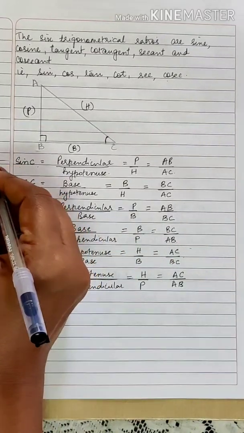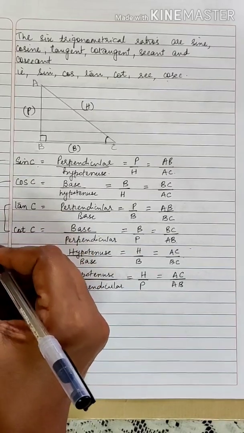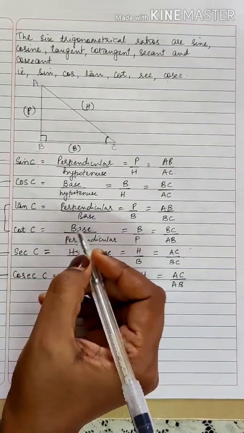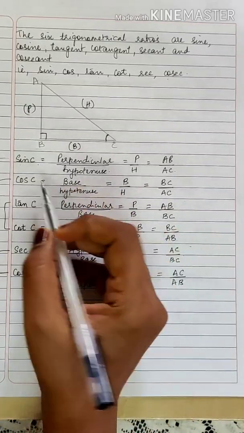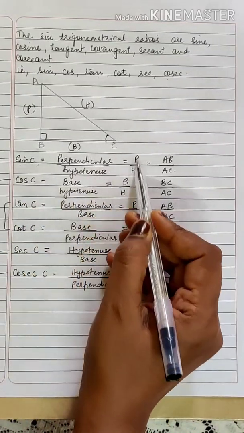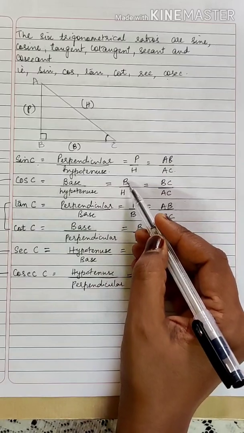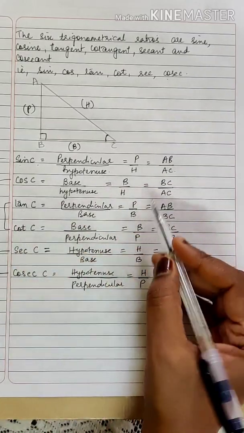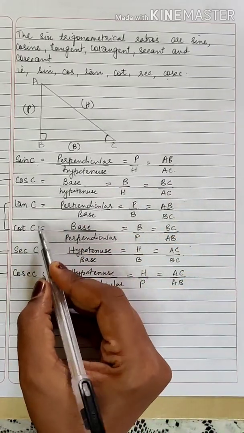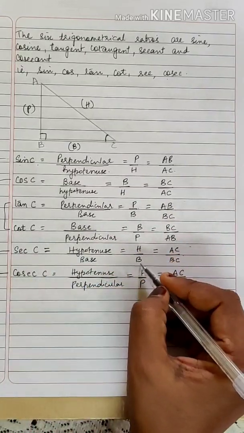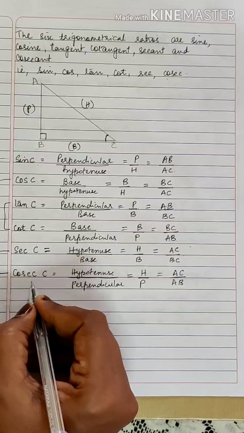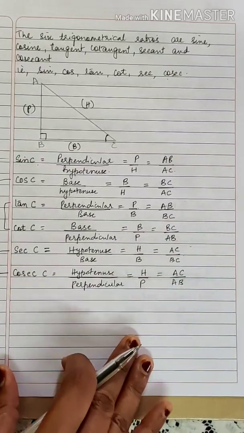So here if you observe, sin C and cosecant C are reciprocal of each other. So sine is perpendicular by hypotenuse, cos is base by hypotenuse, tan is perpendicular by base, cot is base by perpendicular, secant is hypotenuse by base, cosecant is hypotenuse by perpendicular.